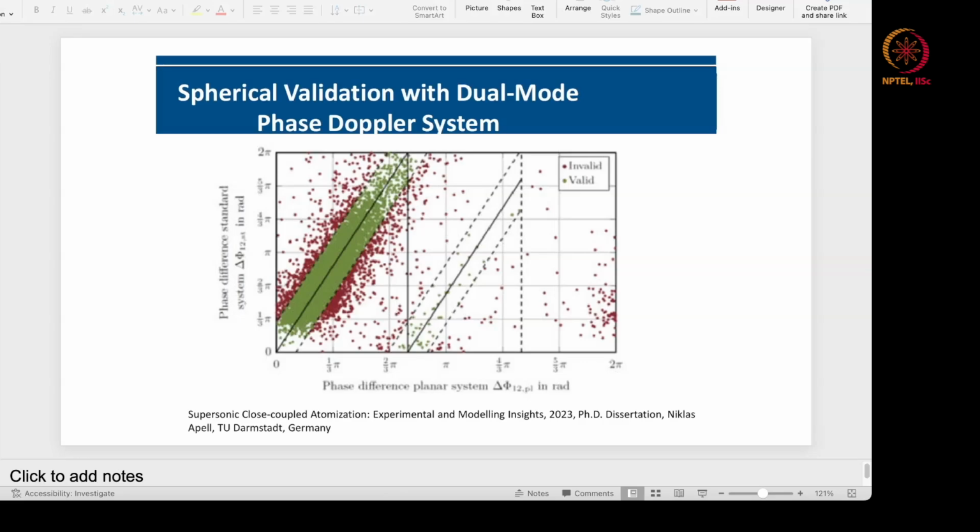This is basically a supersonic flow interacting with water, which gives rise to droplets of a variety of diameters. Because the flow rate is high and the atomization is pretty catastrophic, you get droplets of different sizes. Some of them may even be ligaments, so they are not spherical at all.